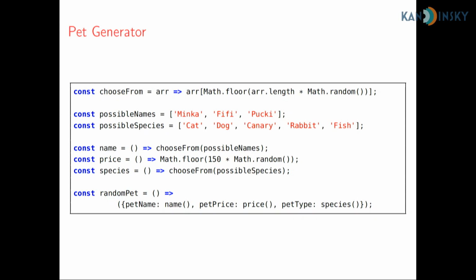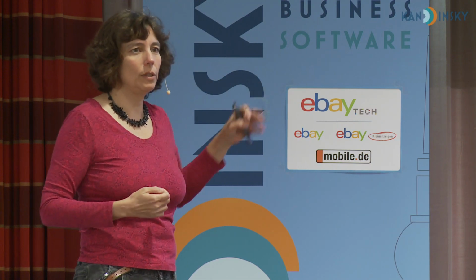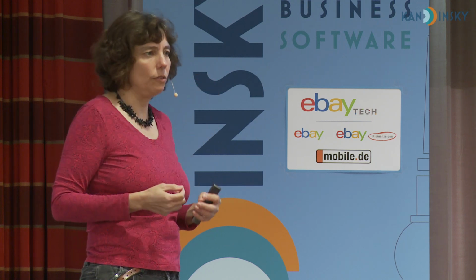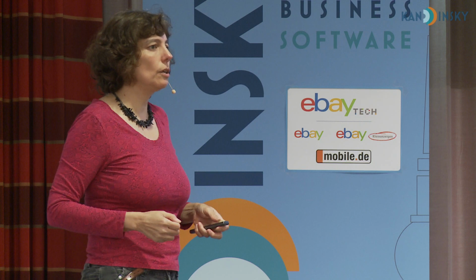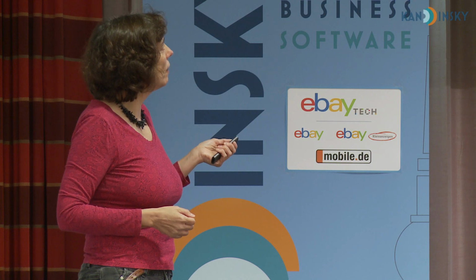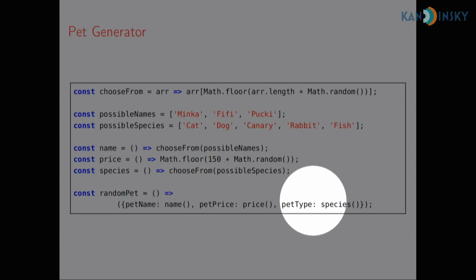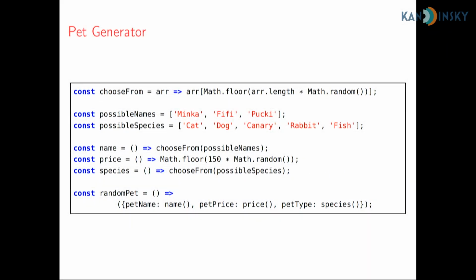If you have more complicated data, you might want to put some more effort into this generator, because initially I thought I can just use a random pet name, but of course I will never get the same pet name twice. And so this aspect of adding a pet and removing it would never be covered. So you need to think about how you structure your generator and how you actually create your data. Yeah, and then here I pick a name, a price, a species from some range, and then I create this random pet out of these data. Okay, so pretty straightforward.